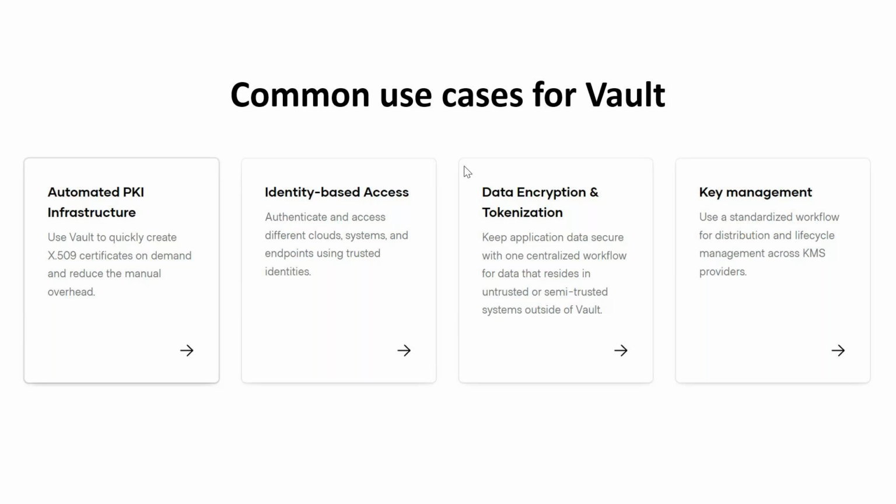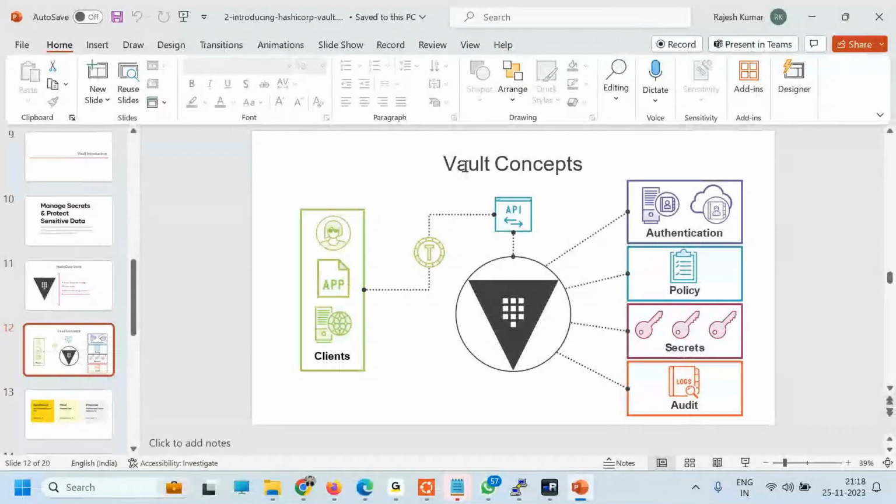Use Vault to quickly create certificates on demand and reduce manual overhead. Vault will take care of that also. With identity-based access, every individual has an identity and accesses with it. You can also encrypt and tokenize data, and use Vault for key management. So this is the introduction of HashiCorp Vault.